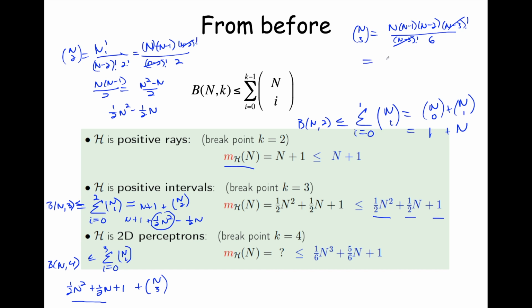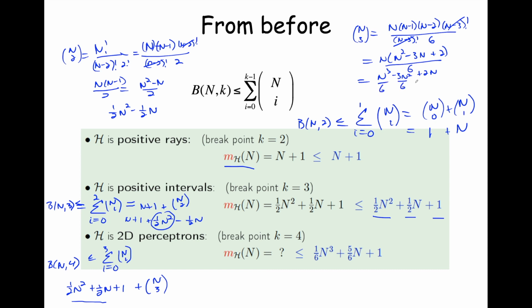We multiply these, so that's n times n squared minus 2n minus 3n plus 2 over 6. That's equal to n cubed minus 3n squared plus 2n, and we have 1/6 under each of them.